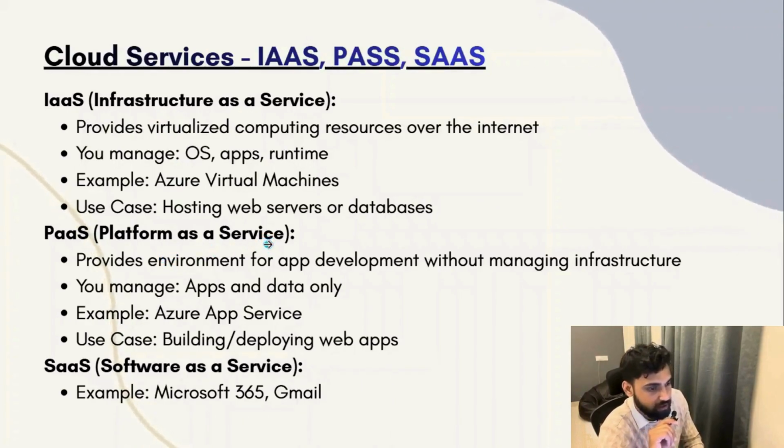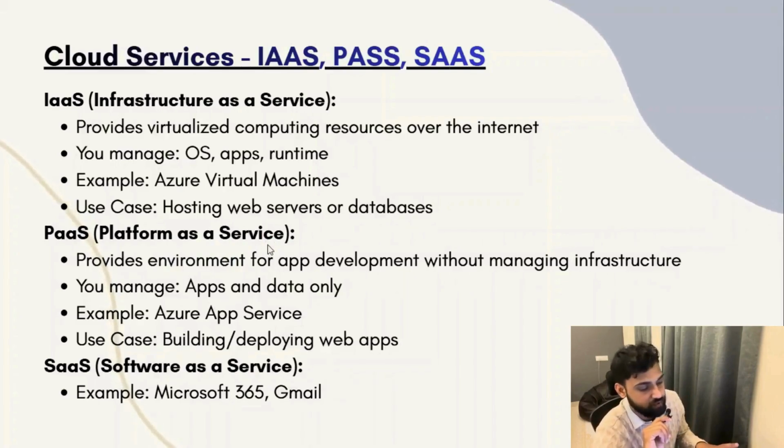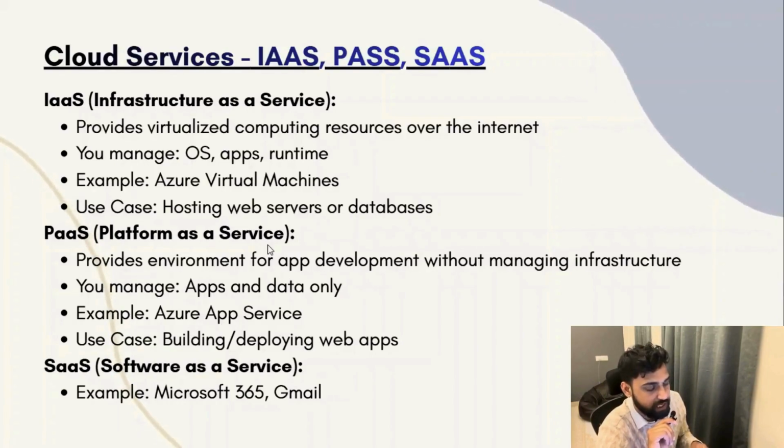Then second comes platform as a service. In that one you don't have to rely on the operating system or runtime; you don't care about that. You just get some server and use your resources directly.